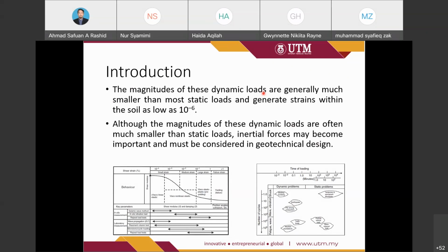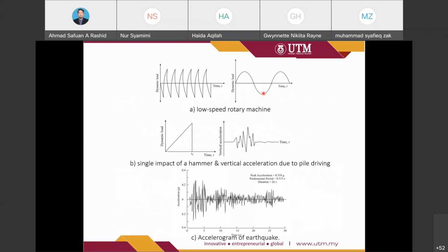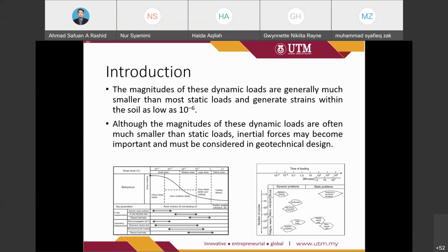So problems with dynamic load can be divided into three categories based on the number of load cycles. For the first one, we categorize it as an impulse load, which only has a single short cycle, where a single impulse of short duration occurs.